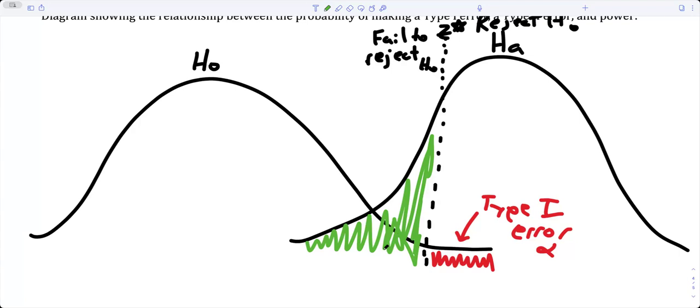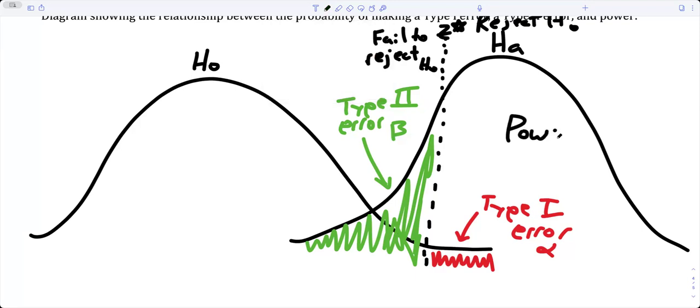And so this green section would be a type 2 error. And the probability of that is called beta. Alpha and beta are the first two letters of the Greek alphabet.